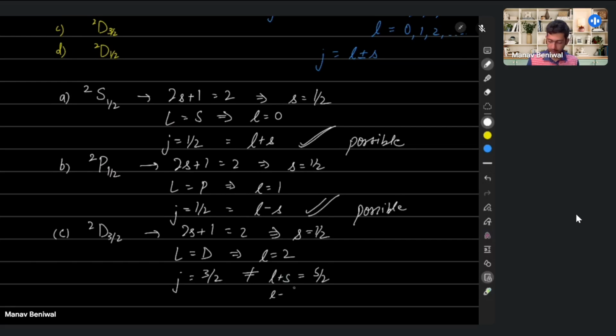And l minus s is 3/2. So again this is equal to l minus s, therefore it is possible.